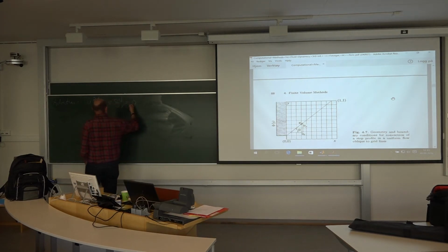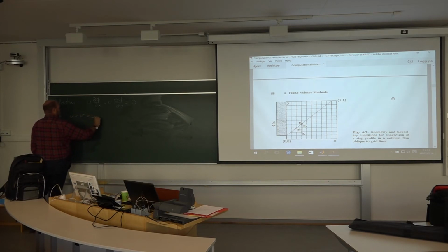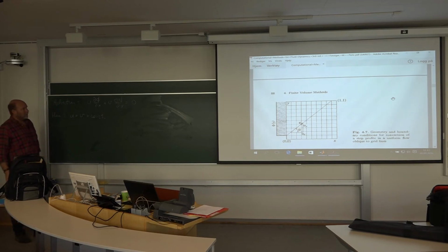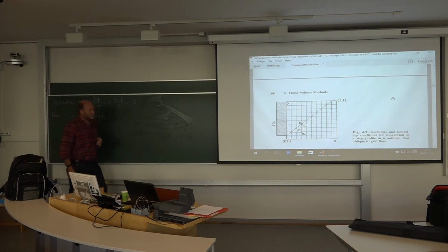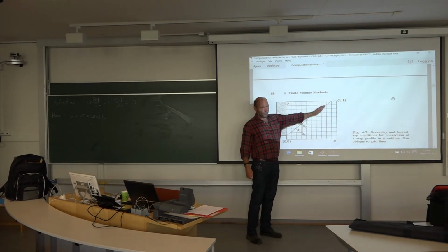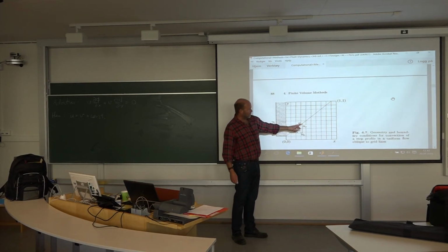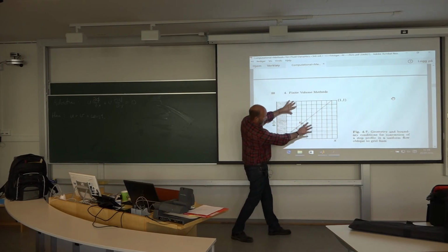And I say 0, no diffusion. And here U equals V equals constant. So they are sort of given, and when both are constant, equal to the same constant, that means you will have a flow at a 45-degree angle, like this. So this is the flow direction for the entire domain.